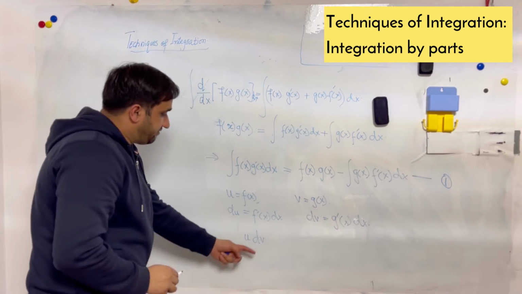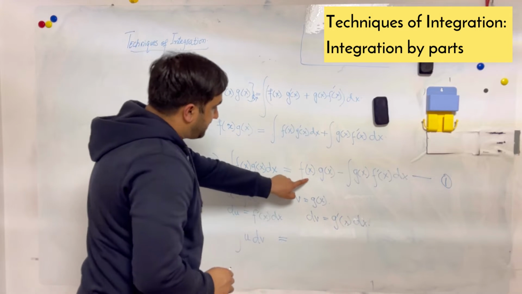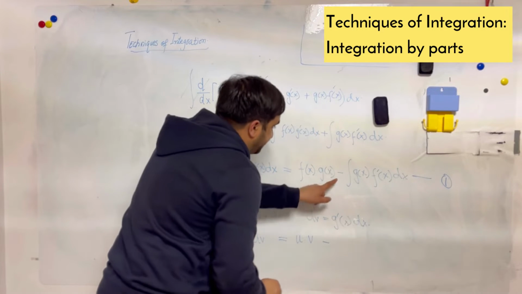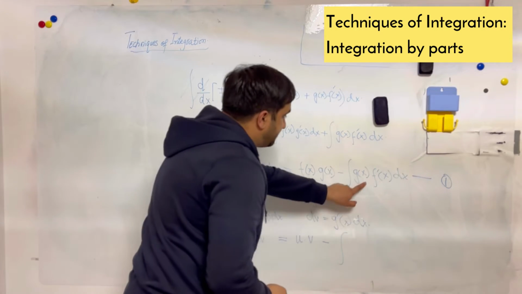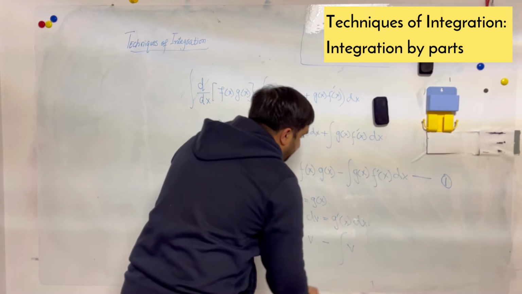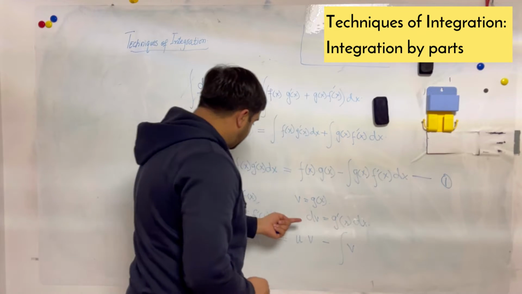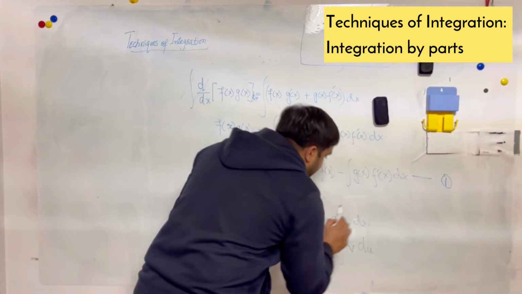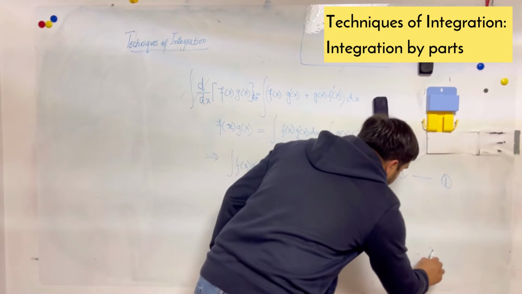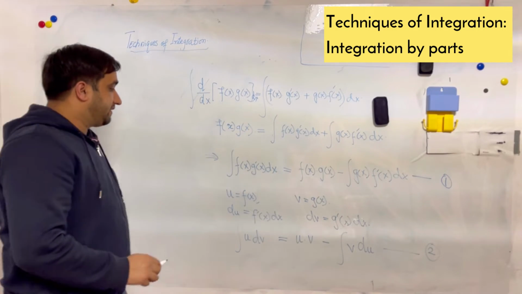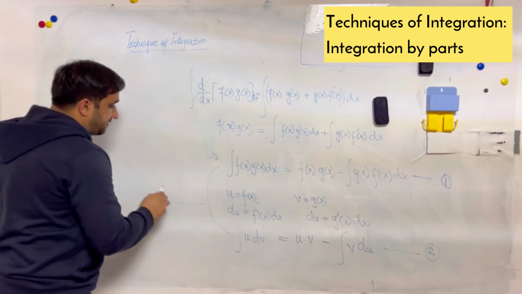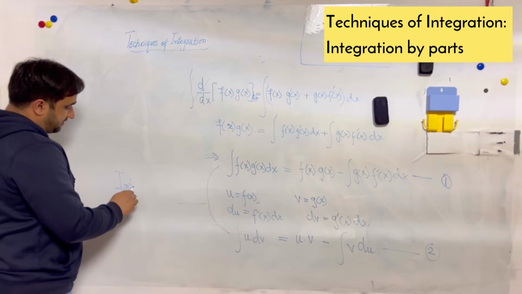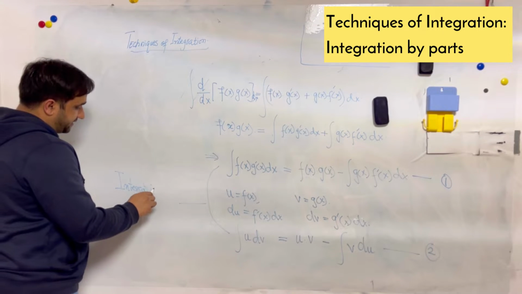So it is integral u dv equals f of x, which is u, times g of x, which is v, minus integral g of x, which is v, times f dash of x dx, which is du. If I say this is equation 2, then both of these equations represent the formula of integration by parts.